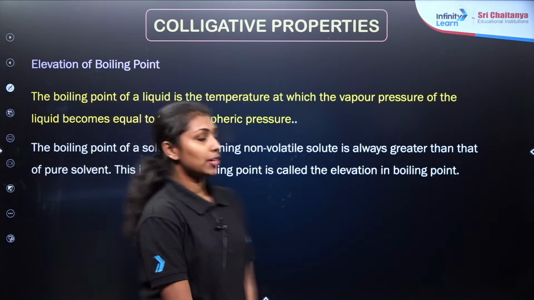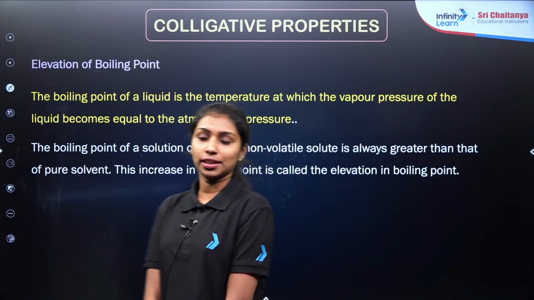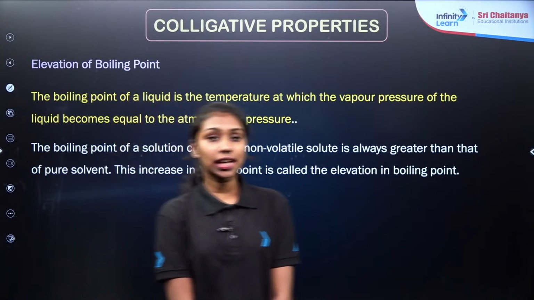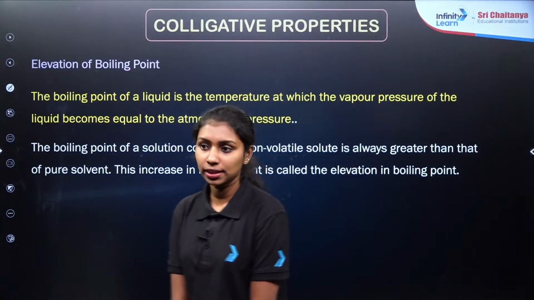Okay. First, we have to talk about what you mean by boiling point. What do you mean by boiling point? As we already know, it is the temperature at which the vapor pressure of the solution becomes equal to the atmospheric pressure, right?